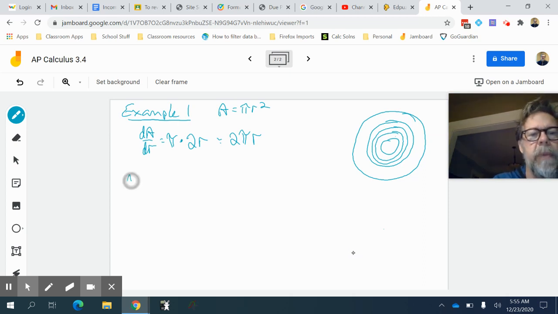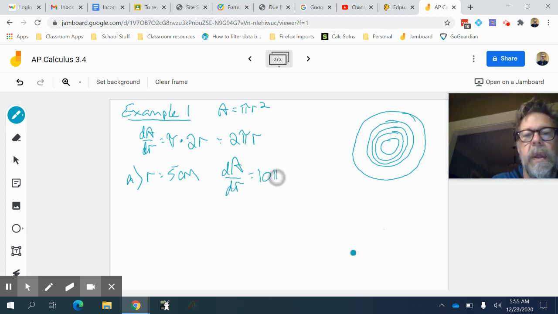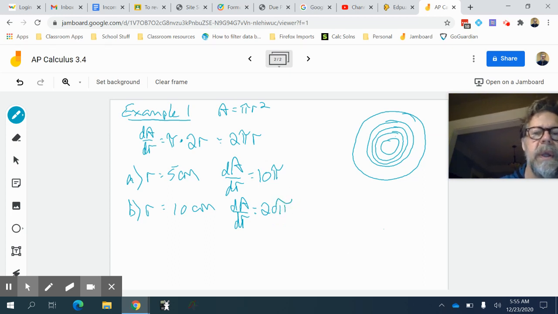So let's look at a couple quick examples. If the radius is 5 centimeters, then the rate of change of area will be 10 pi. If the radius is 10 centimeters, the rate of change of area with respect to radius will be 20 pi.